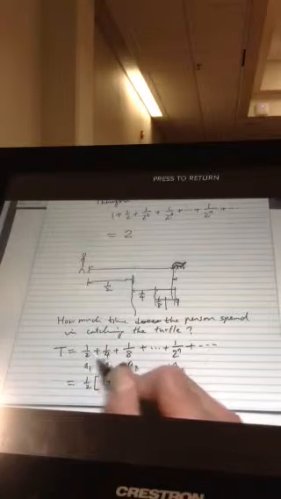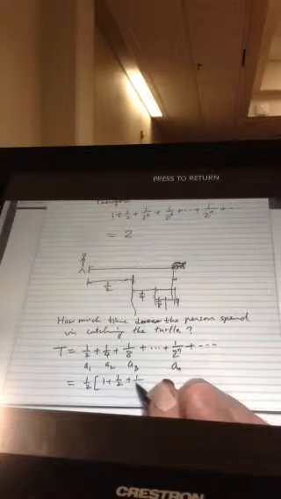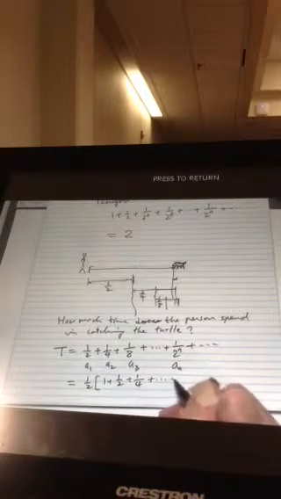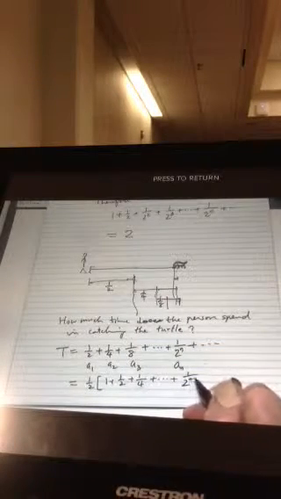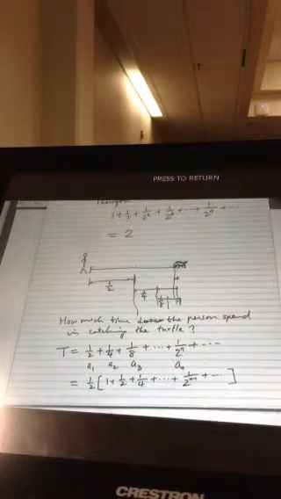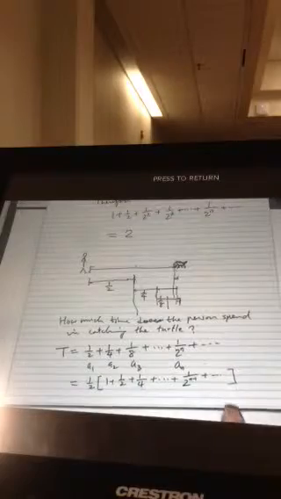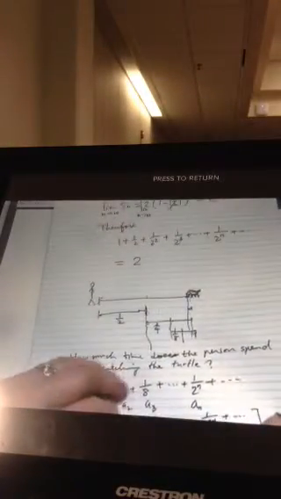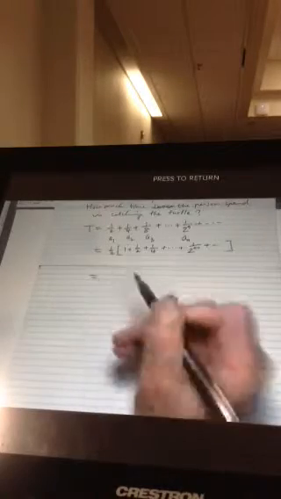This is 1 half times 1 plus 1 half plus 1/4. So I put 1 half out. And so this is equal to what?